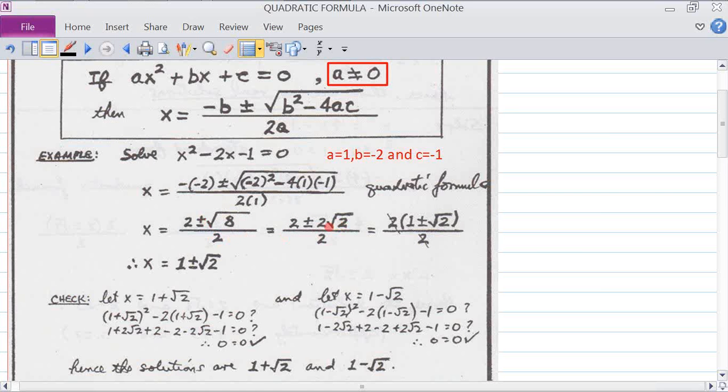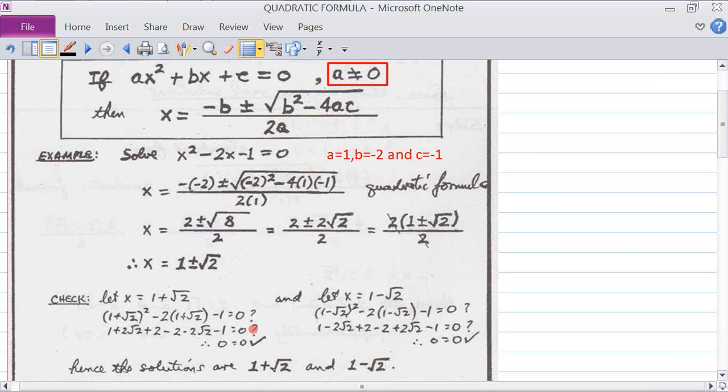So 2 plus or minus 2 root 2, and we factor out 2 from the top. 2 times 1 gives us 2, and 2 times root 2 gives us 2 root 2. Of course, we have the plus or minus here. Then we can cancel the 2 in the bottom, so we have 2 solutions. We have the solution 1 plus root 2 and the solution 1 minus root 2.